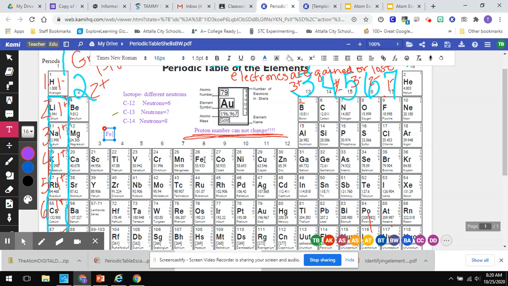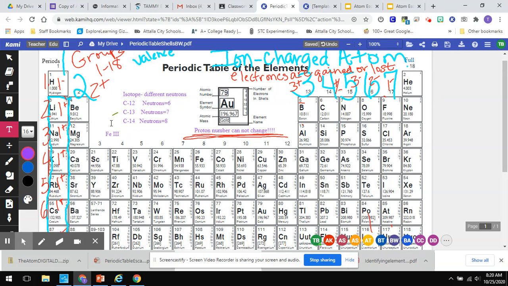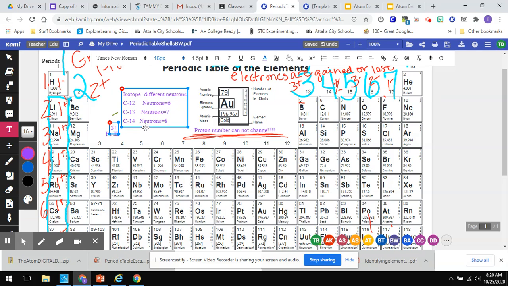And past iron, it would tell you what its valence number is by Roman numerals. So you're going to see iron with the Roman numeral 3, which would mean iron 3. And if you saw that, that means that iron is going to have a 3 positive charge.